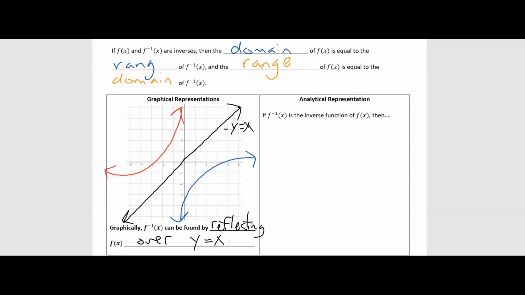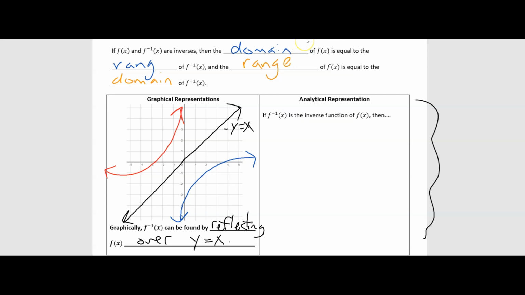Now, if we jump to the analytical representation, this is something we're going to focus on a bit more in this class. And actually, what we put here in this box is very important when it comes to being able to derive the formula for the derivative of an inverse function.